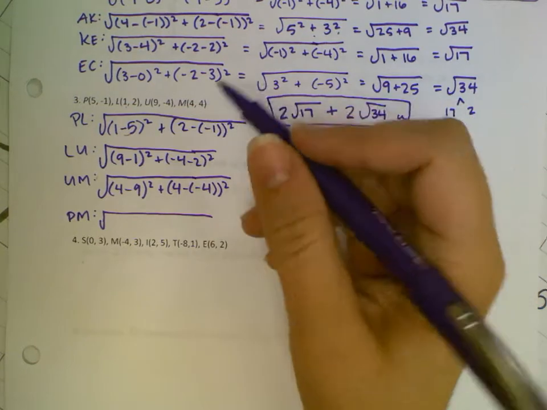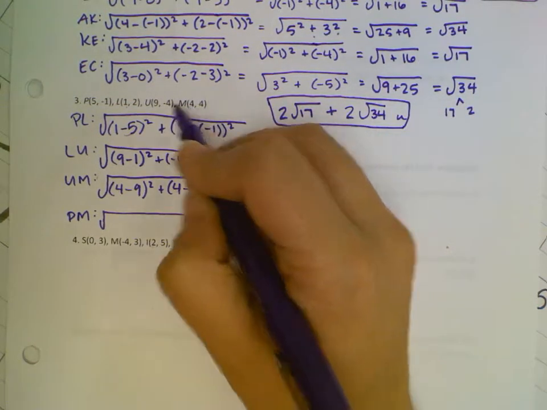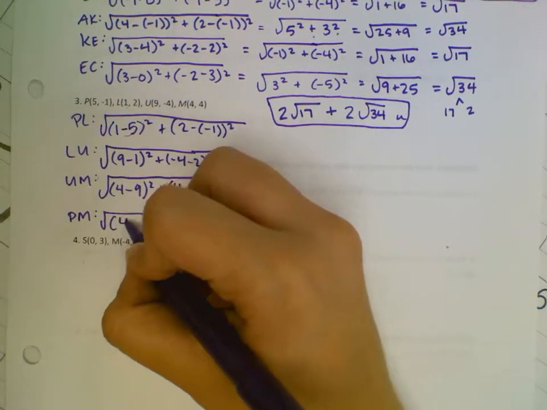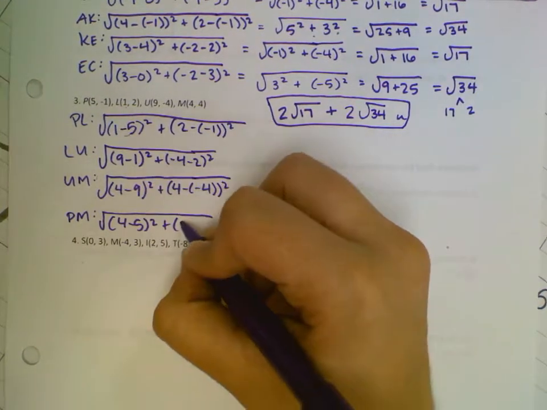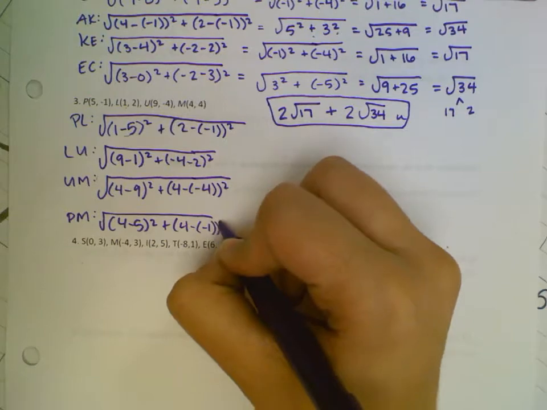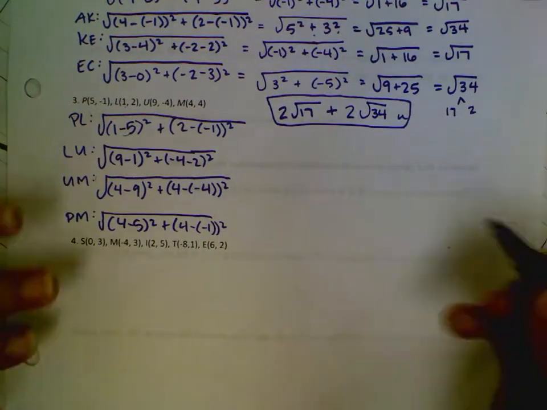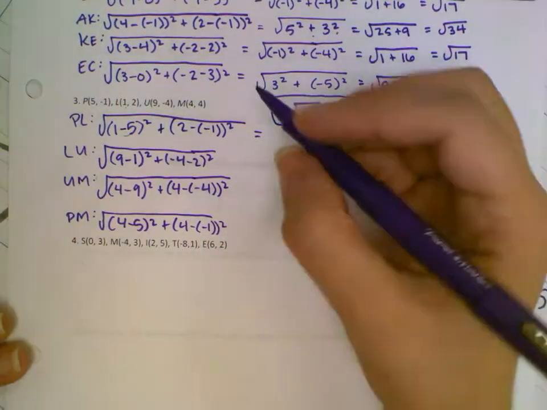And then PM, where you could do 4 minus 5 squared, plus 4 minus negative 1 squared. Then from there, as long as we plugged everything in, we can just do the math.